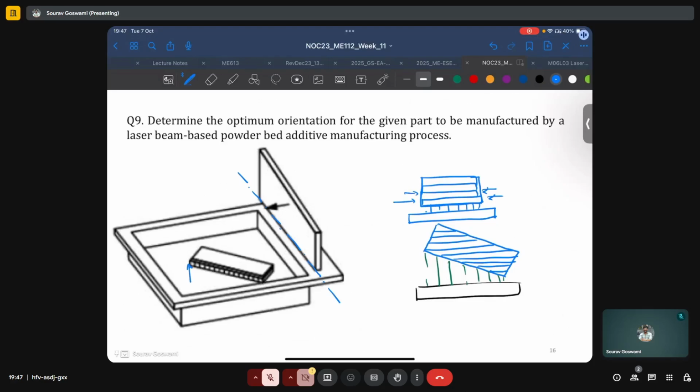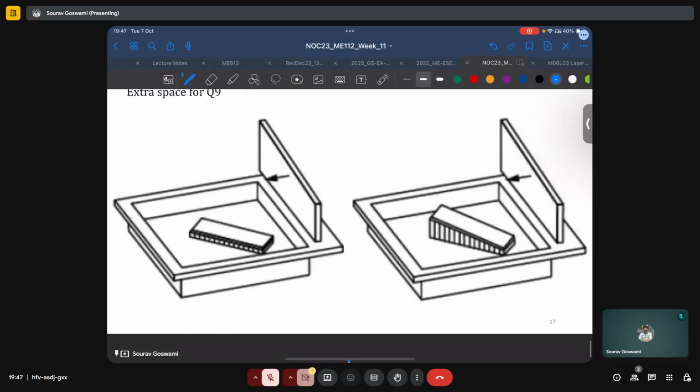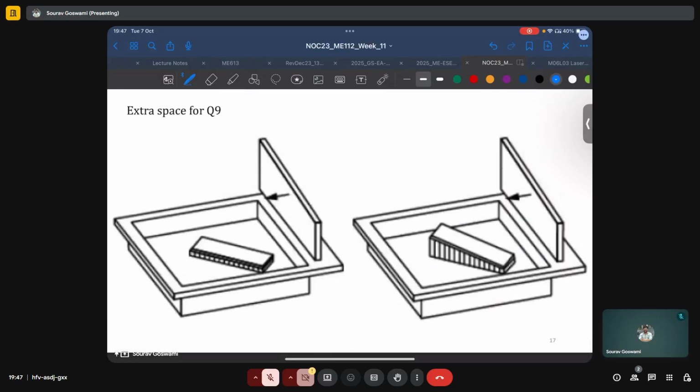And so in each pass, only a very small cross-sectional area of the part will be in contact with the recoater blade. And so this may be one of the ways to improve the orientation of the part.